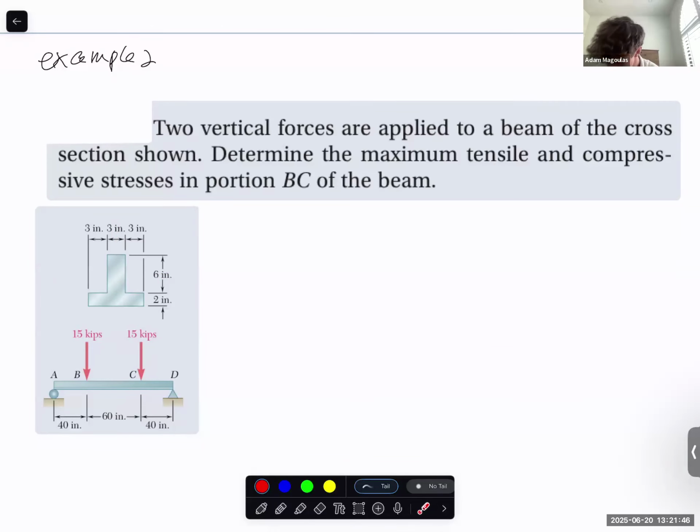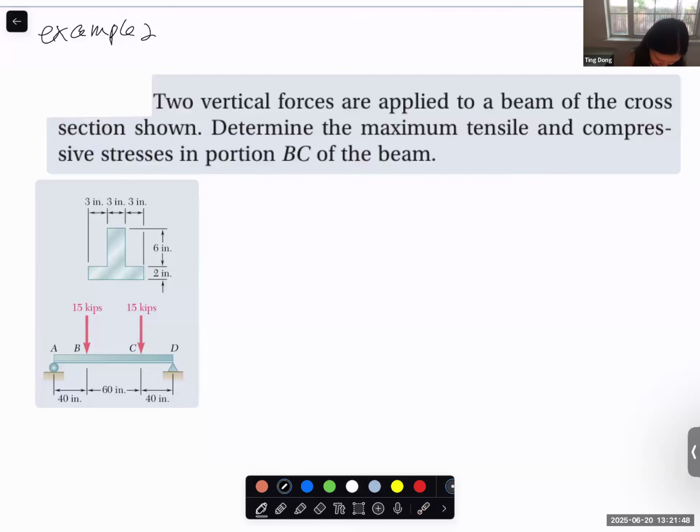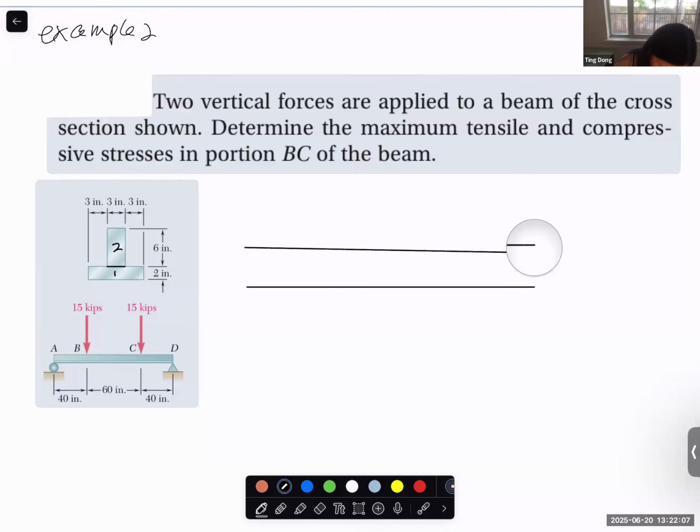You're welcome. So for this one, we know that this cross section has two parts. We separate it into two: let's say the bottom part is 1, the top part is 2. So it's y times the area divided by the entire area. We have 2 sections, 1 and 2.